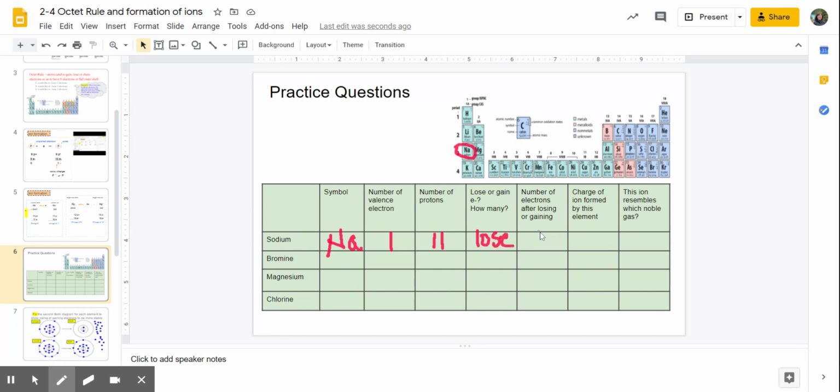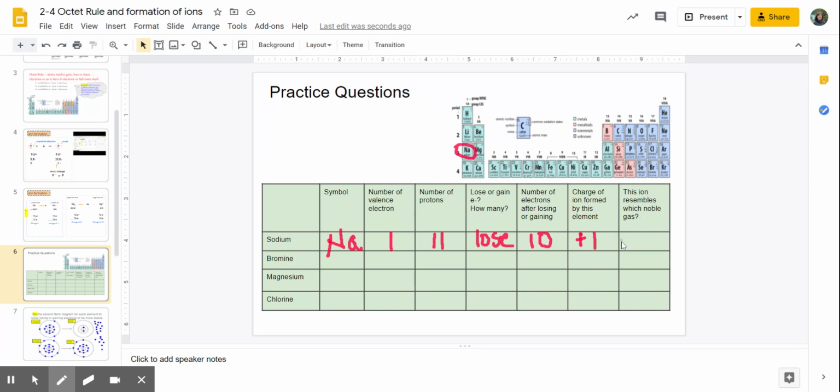Number of electrons after losing or gaining: after losing one electron, it'll end up with only 10. It used to have 11 electrons, but after losing one, it's 10 electrons left. So the charge of the ion formed, with 11 protons and 10 electrons, will be +1.